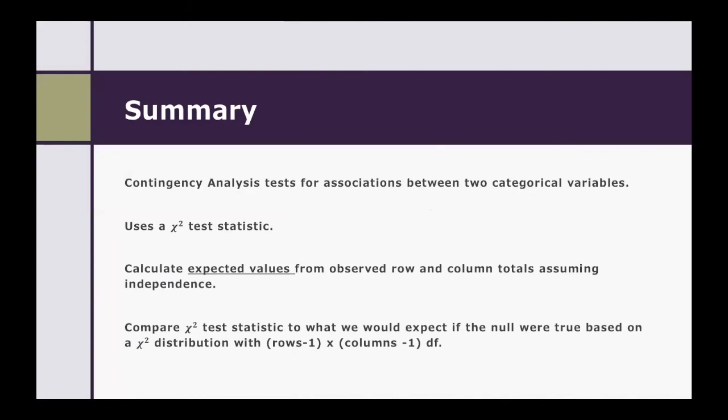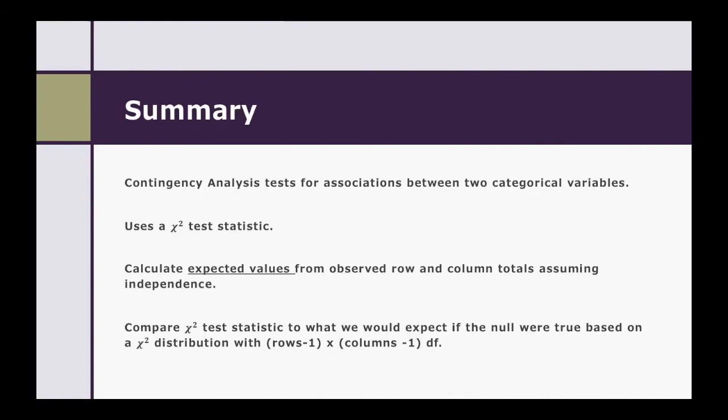So in summary then, in this video, we've talked about contingency analyses and talked about how a contingency analysis is a test for an association between 2 categorical variables. The test statistic that we use in this case is a chi-squared test statistic, just like we used for a goodness of fit test.